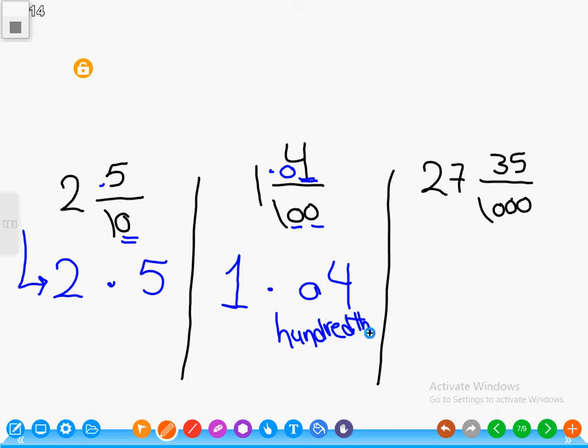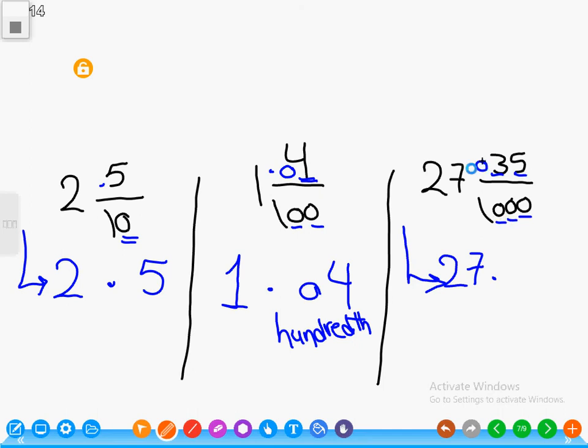1 and 4 hundredths. Here, let's write this mixed number as a decimal. Let's count how many digits. This is the whole number, and we will count how many digits: 1, 2. I want 3 digits because I have 3 zeros here. 1, 2.